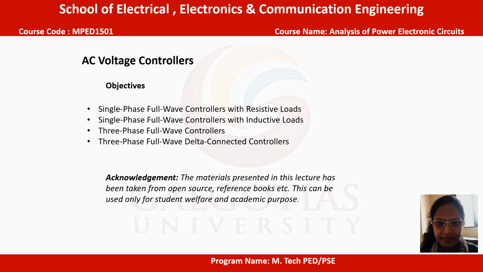In phase control, thyristor switches connect the load to the AC source for a portion of each cycle of input voltage. The AC voltage controllers can be classified into two types: single phase controllers and three-phase controllers. Each type can be subdivided into unidirectional or half-wave control and bidirectional or full-wave control.